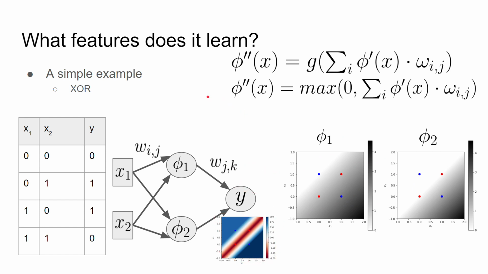One thing to note about this is these individual features that it's built up, because they are just weighted sums of the earlier layers, must have this sort of linear pattern. There's some sort of direction in space that this feature is very sensitive to.